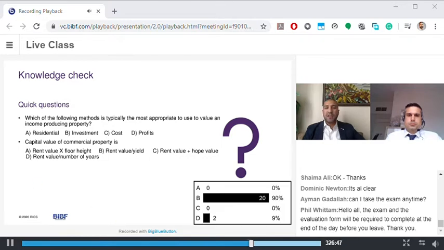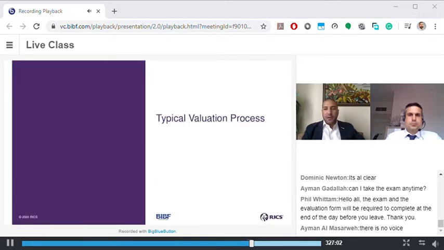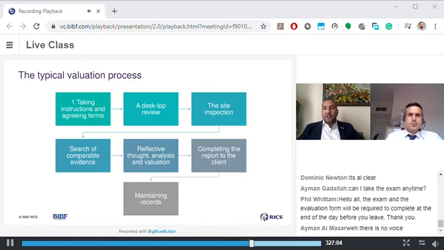All right, so I think the majority of people got this one right. It's definitely the rent value divided by the yield, and this is the basis of the traditional investment method. Very good.